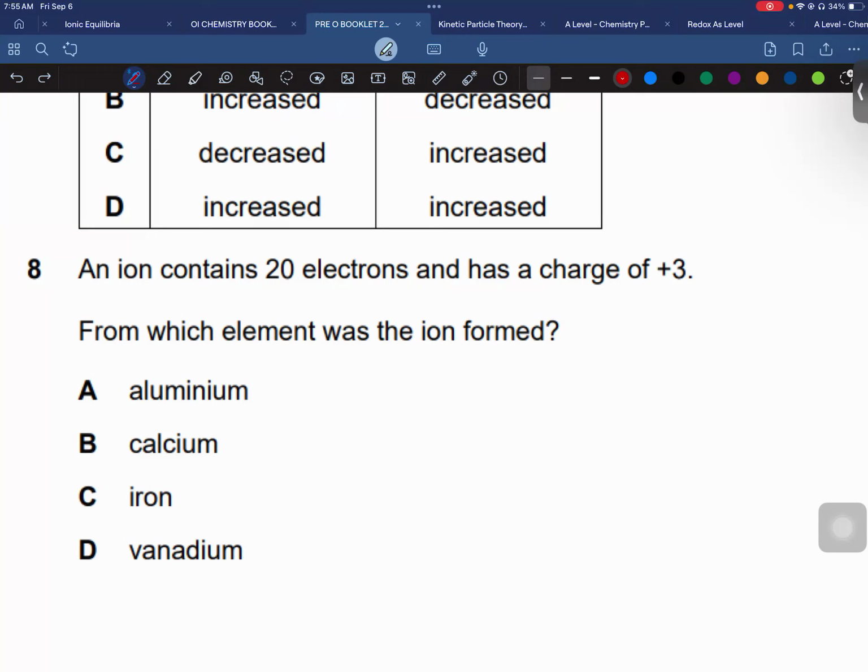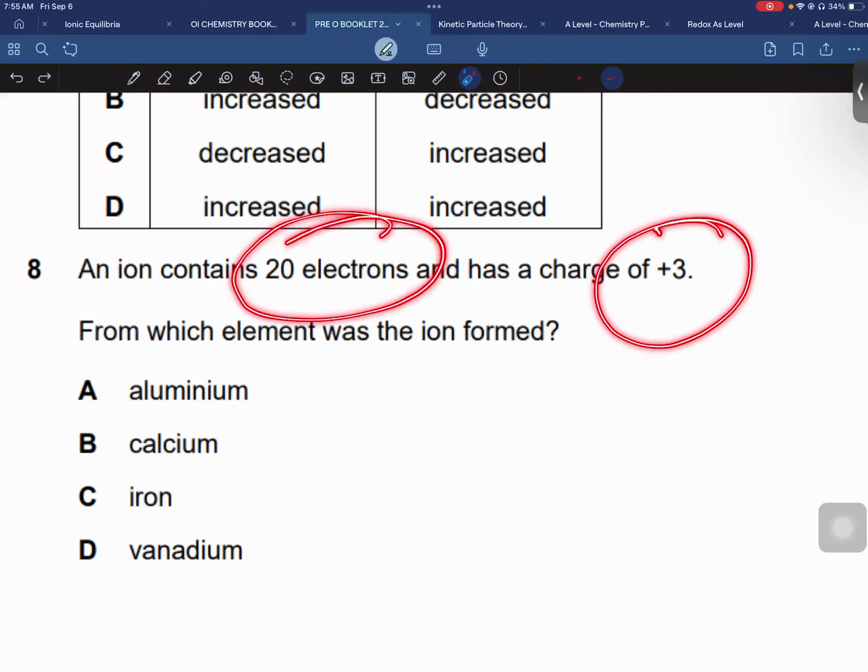So it will be 17. If I go into the periodic table, it's chlorine. Oh, wait, what? Plus 3. They are saying an ion contains 20 electrons, but plus 3, still it has 20 electrons.